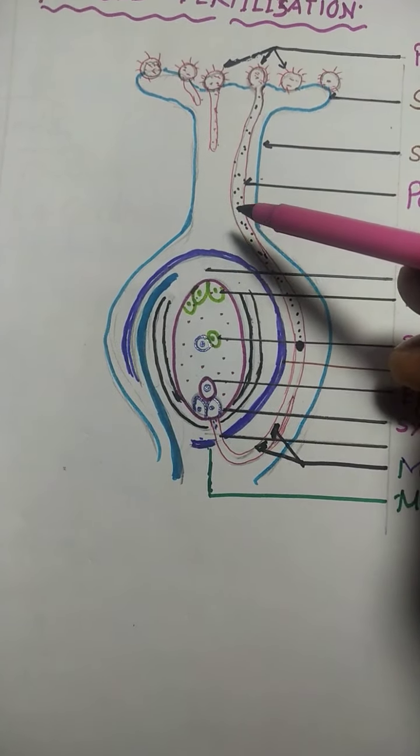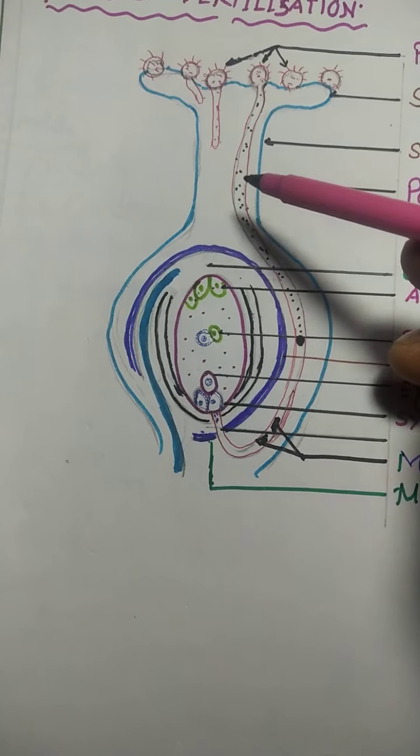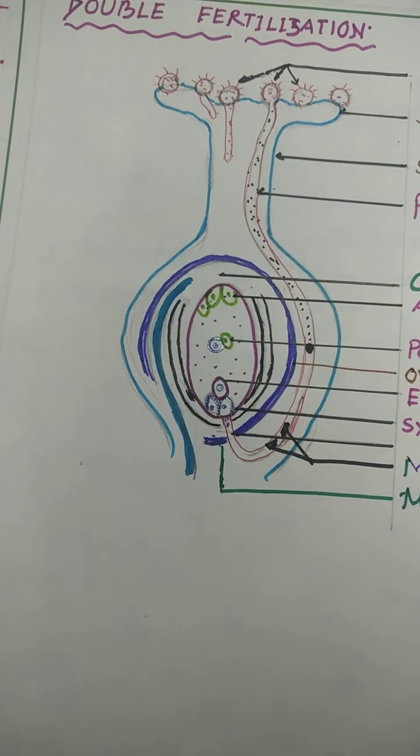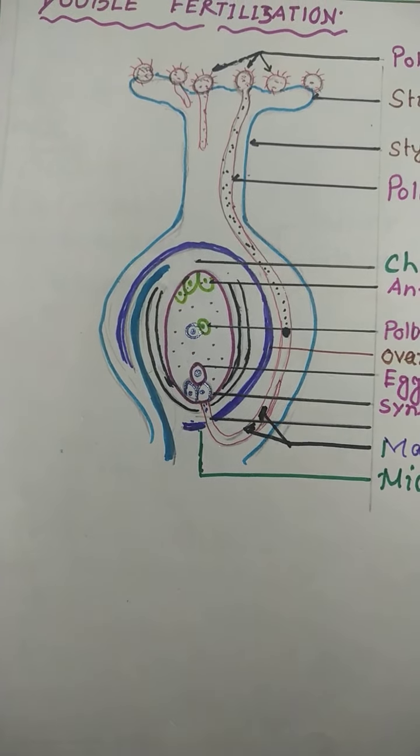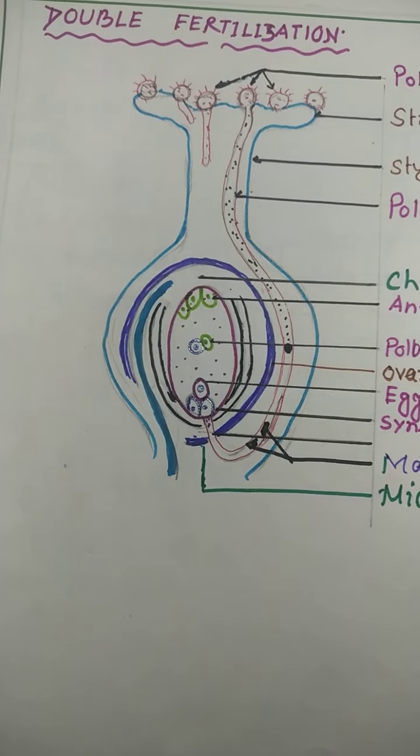This chemical complex helps the pollen tube pass through the style.